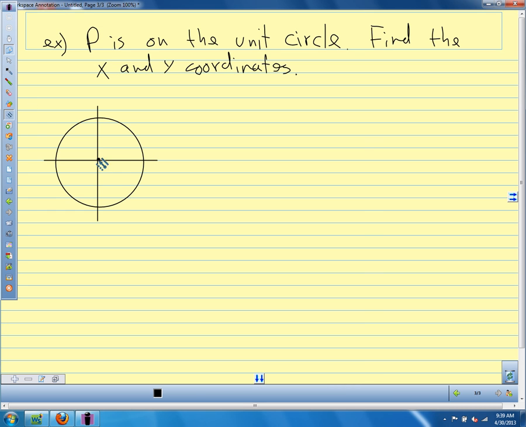And my angle, here's my point P. And we're going to say that my angle of rotation is 35 degrees. So this is a unit circle. Point P is on the unit circle. We want to find the x and y coordinates.